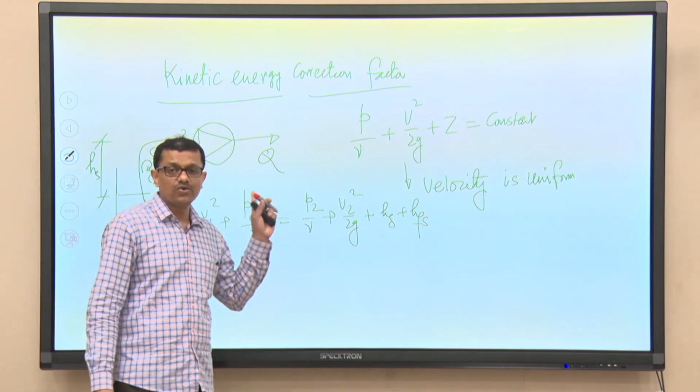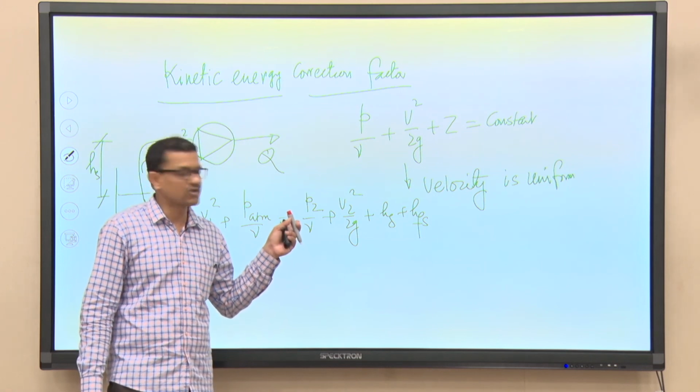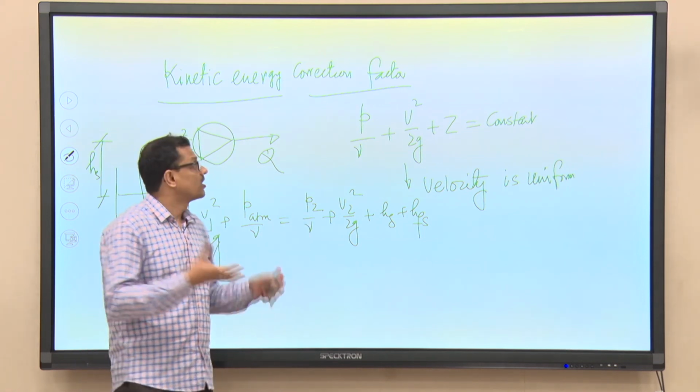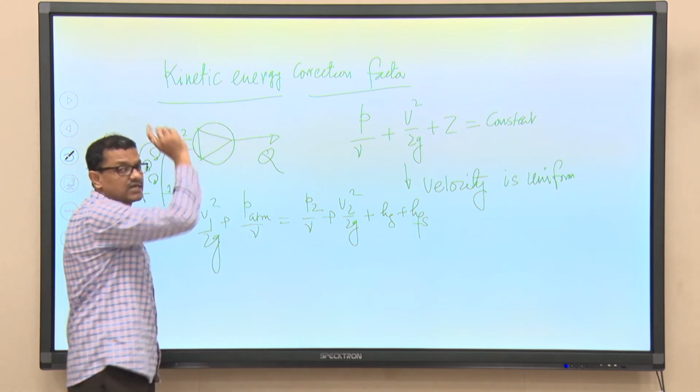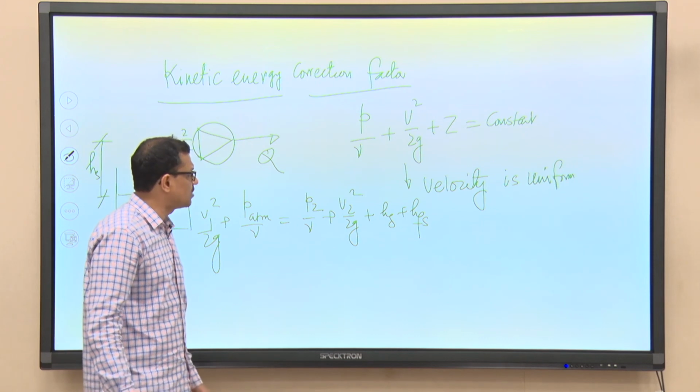If we need to know that velocity is uniform, then this is fine, but this is not true, and that is what I was talking about. So, we need to introduce one term, that is the kinetic energy correction factor, which is what you have known.